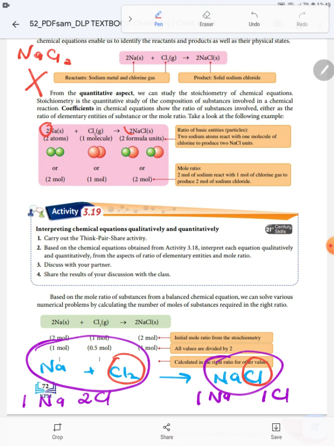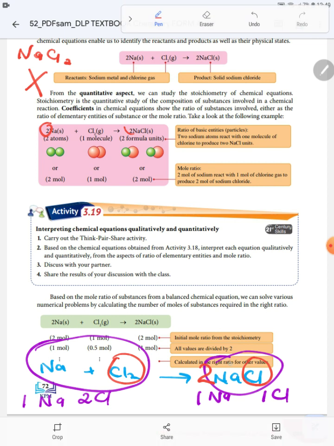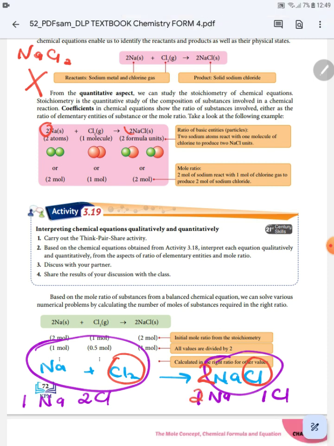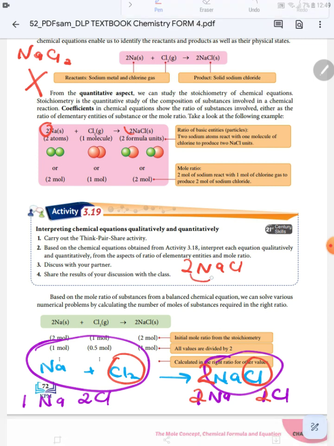So dekat sini kita ada 2Cl, so kita tambah 2 di sini. Now at this side we have 2Na and 2Cl. NaCl is the formula and 2 in front the formula. That means 2 belongs to Na and also 2 belongs to Cl.